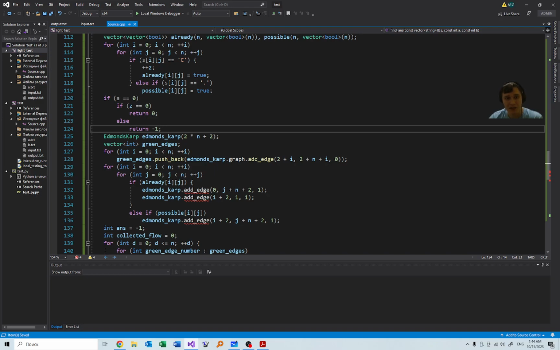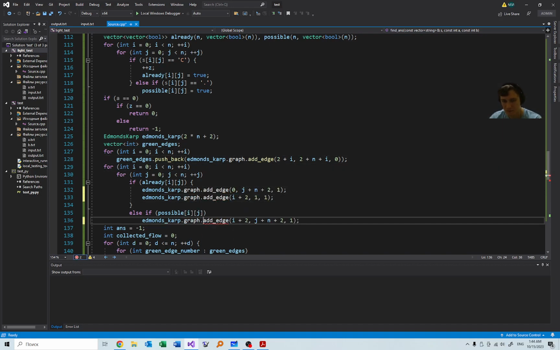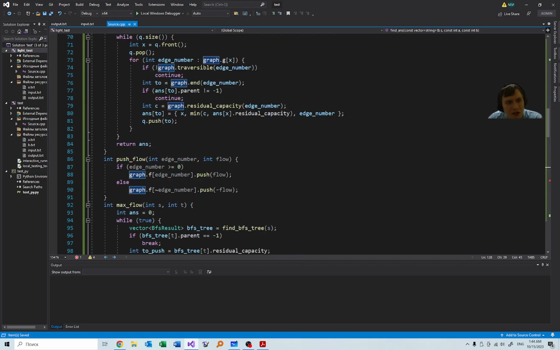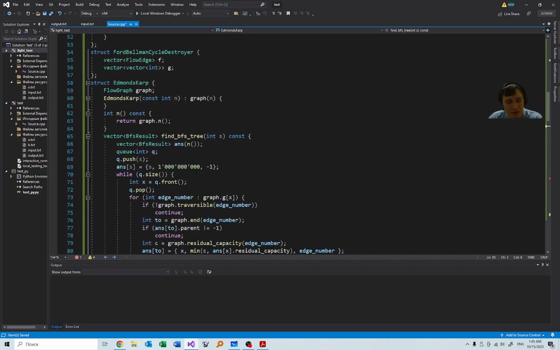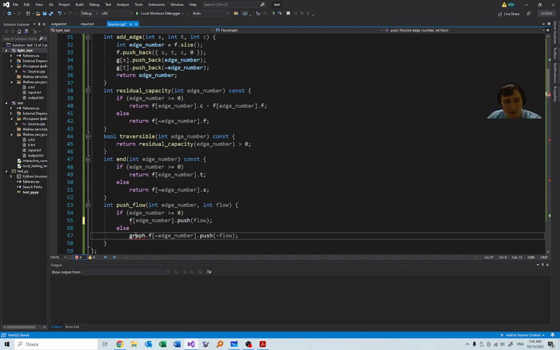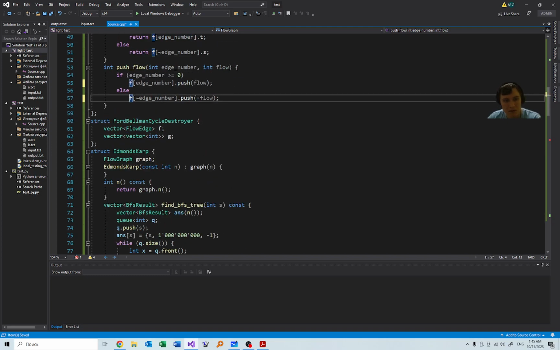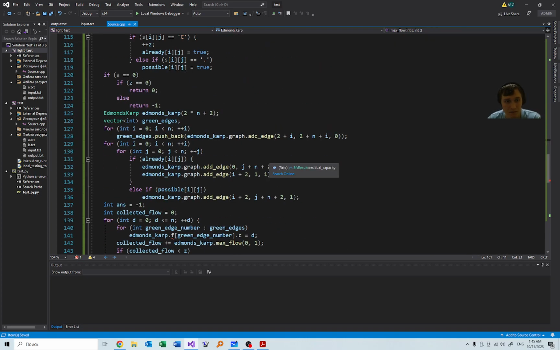What I really have here is Edmonds-Karp graph. I even think I can push flow into the graph. Yeah, this can be put here. Okay.